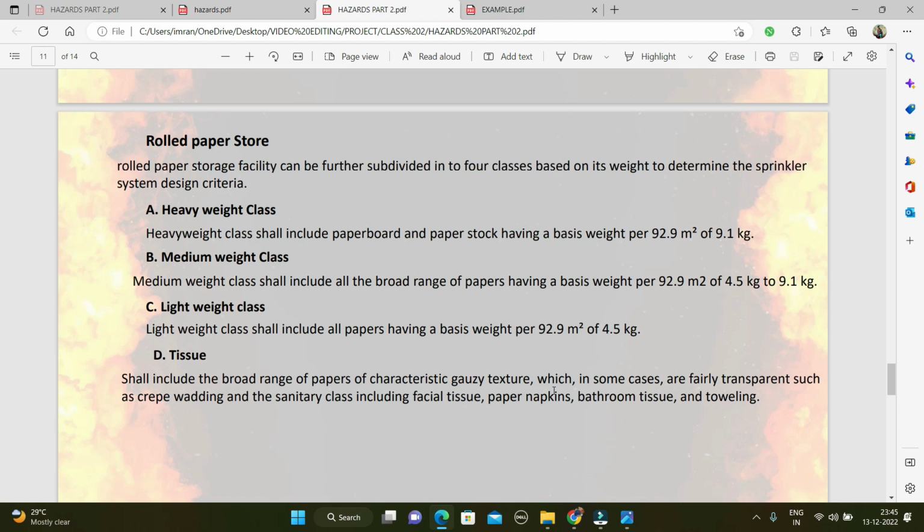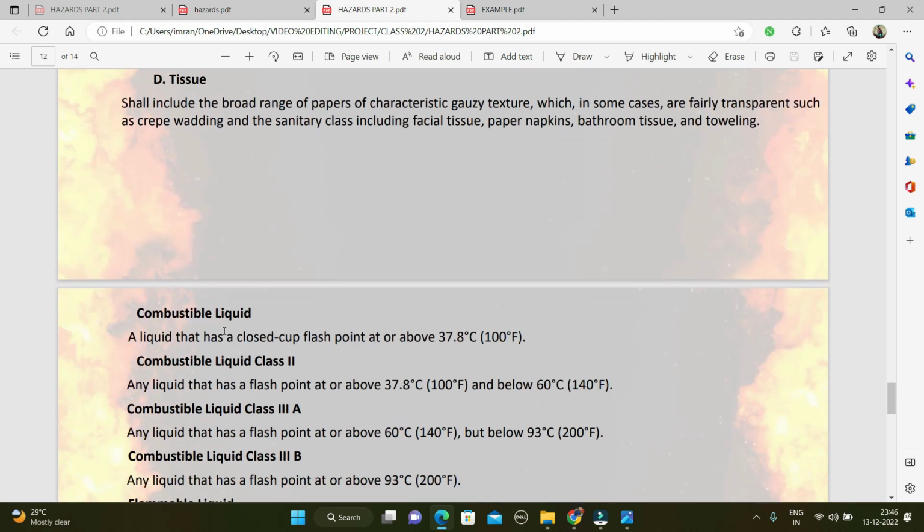It means all types of tissue, whether bathroom or any other type, we will design as per the roll paper storage. In the next video we will see how to design all these things, whether light hazard or extra hazard. This is very important when we design industrial lines.